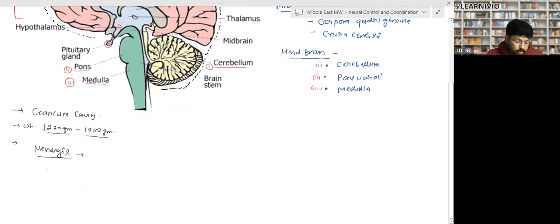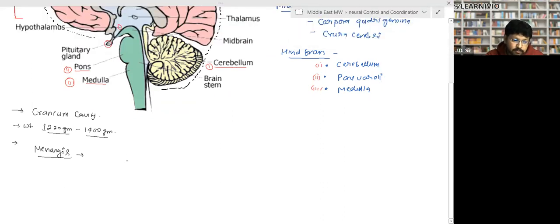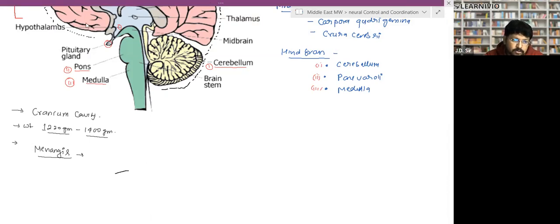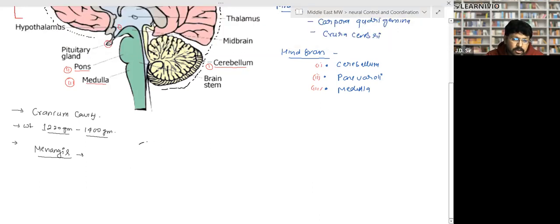Actually, look, the upper part is made up of cranium. This is a strong bony structure, and that strong bony structure is called cranium.